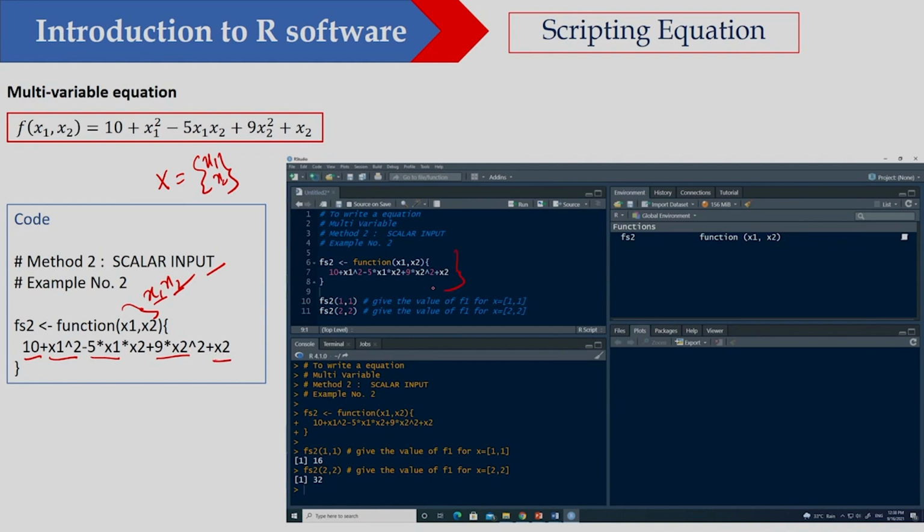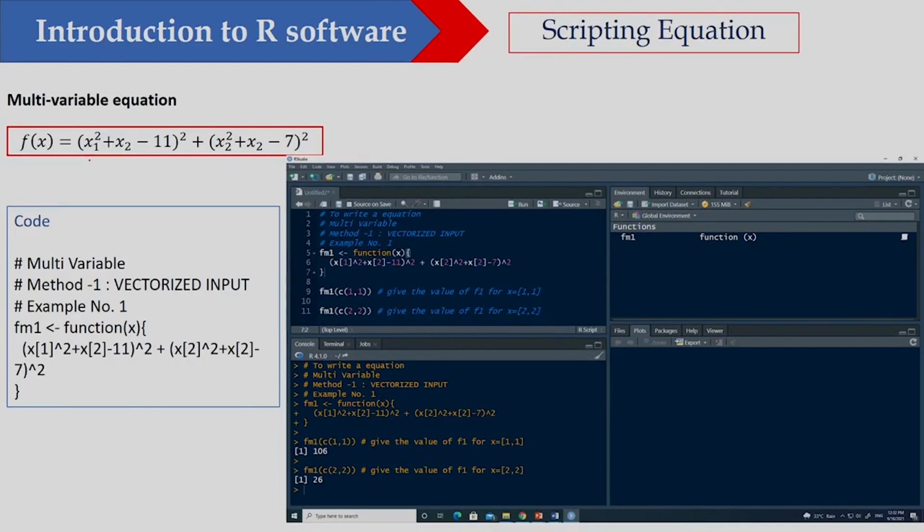If I execute, I get this function. Now this fs2 is there, and you can give the arguments or input for this function. Suppose here I am calculating for 1 1, and I am getting this value. This is 16 and this is 32.